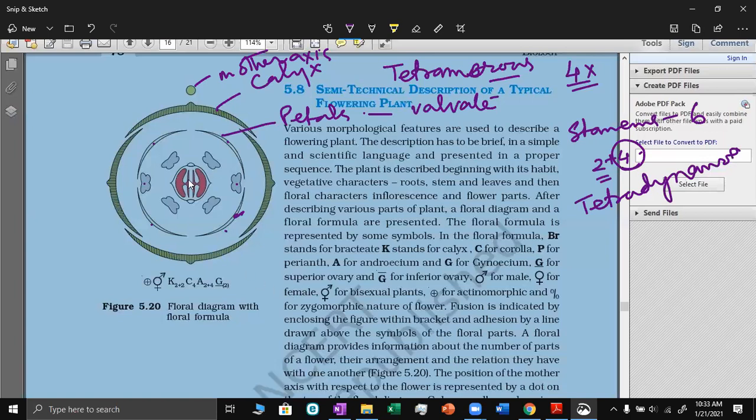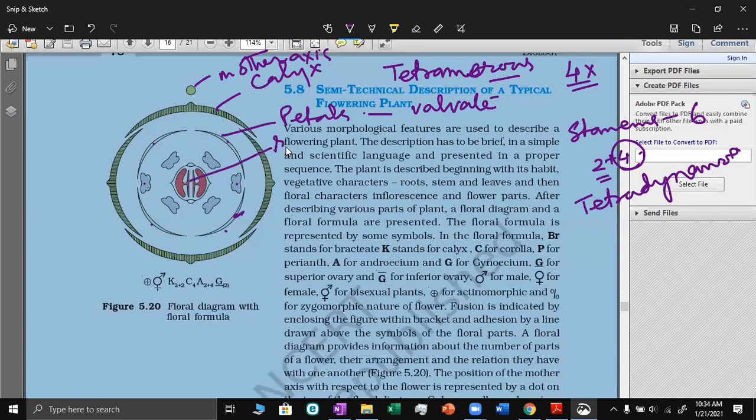And here in the center, this is the section of the ovary. Ovary is bicarpellary, 2 chambers we can see. Initially when the ovary is young, there is only 1 chamber, but later on there are 2 chambers. This false partition wall is formed.